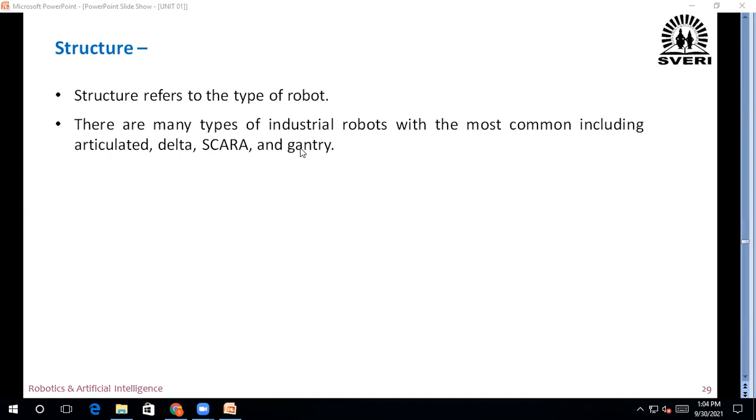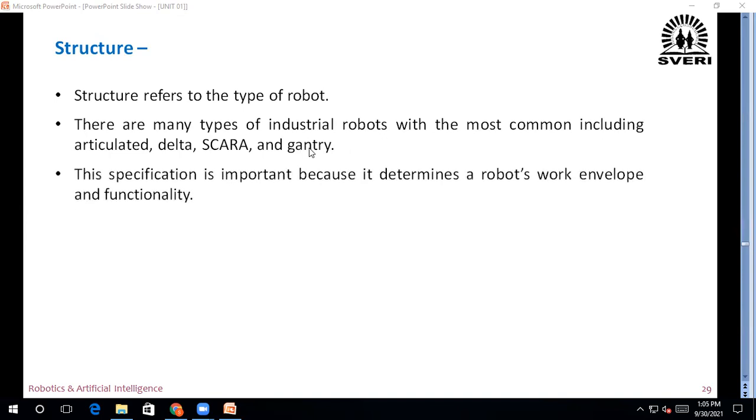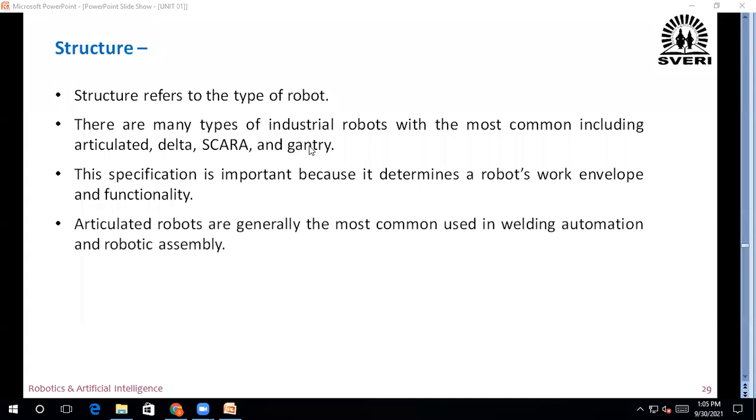Gantry type of robot means crane type of robot, overhead crane. This specification is important because it determines a robot's work envelope and functionality. Articulated robots are generally the most commonly used in welding automation and robotic assembly.